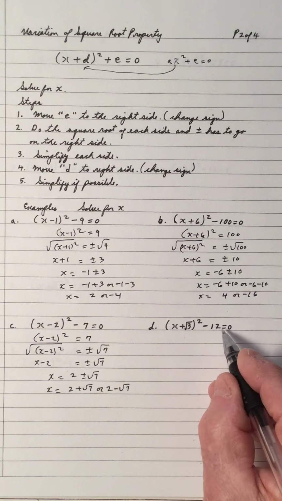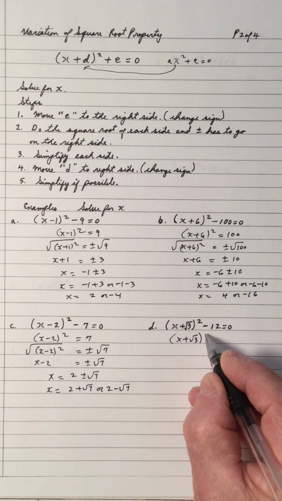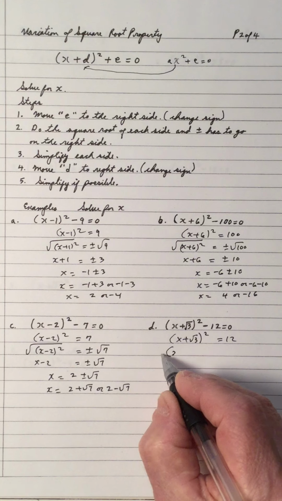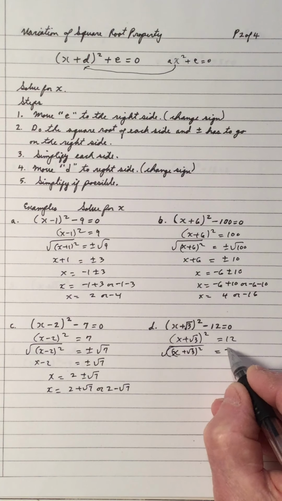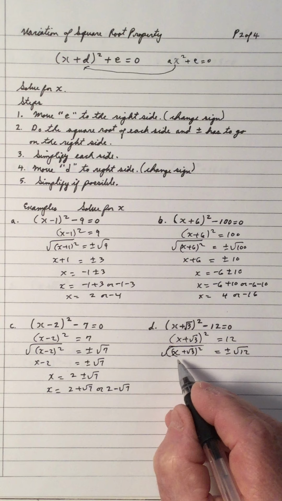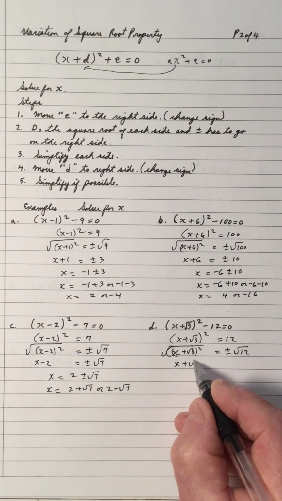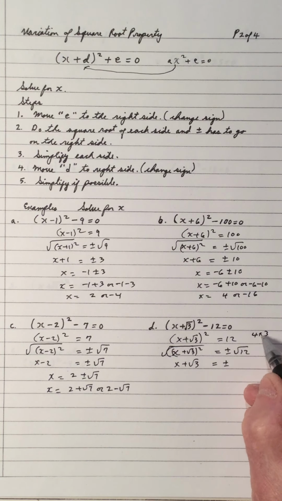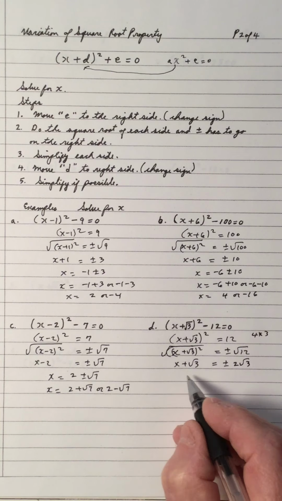And part d, we have a square root, so we'll have x plus the square root of 3, all squared, equals 12. So let's take the square root of x plus root 3 squared equals plus or minus the square root of 12, and the square root of x plus root 3 all squared is x plus root 3. Equals plus or minus, now the root of 12 is the root of 4 times 3, and the square root of 4 is 2, so that's 2 root 3.